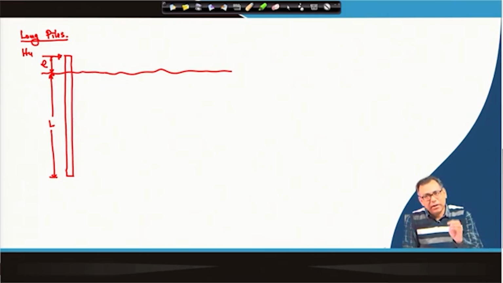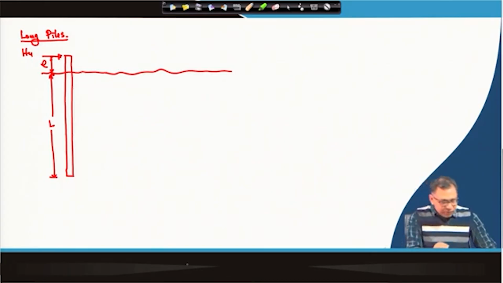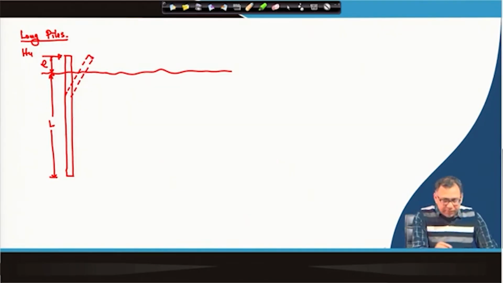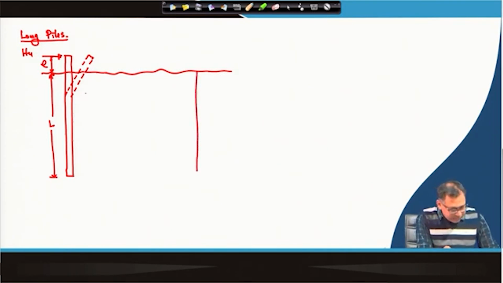Then this yielding of the pile will occur at a point. So, that point is this point where there will be a yielding of the pile, okay, and at this point maximum bending moment will develop.